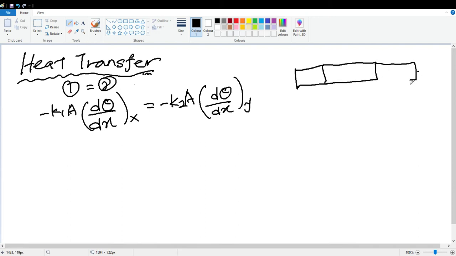So this is another rod and this is the object theta 2 and this is theta 1 and this is k1 and this is k2. As we observe these rods, we can see that there's actually a junction between rod 1 and rod 2. I shall denote this one as theta 3.